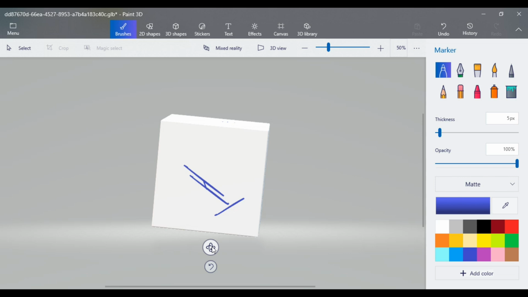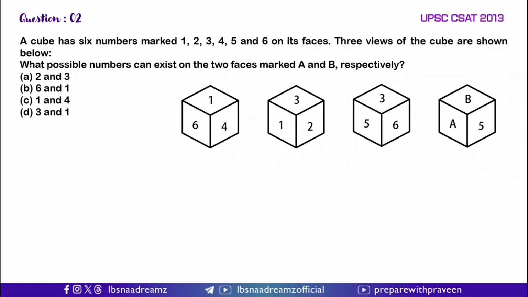Okay, now let us see the second question. Question 2. A cube has 6 numbers marked 1, 2, 3, 4, 5 and 6 on its faces. 3 views of a cube are shown below. What possible numbers can exist on the 2 faces marked A and B respectively?